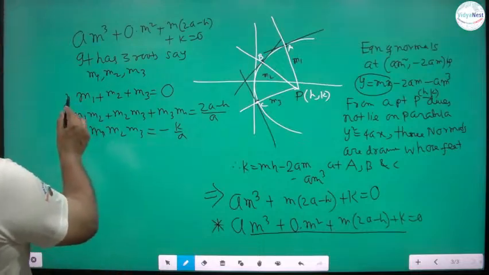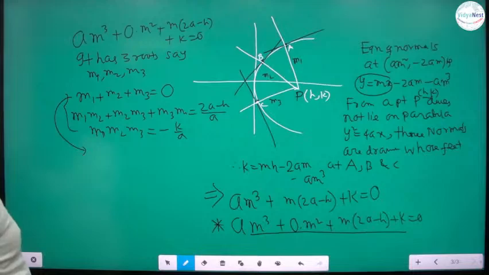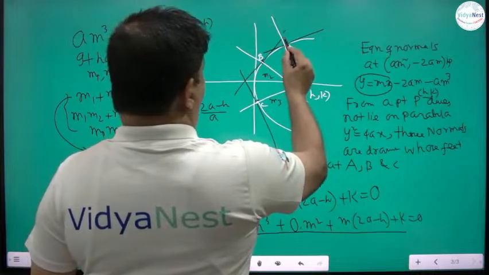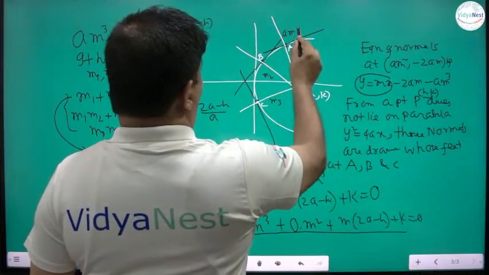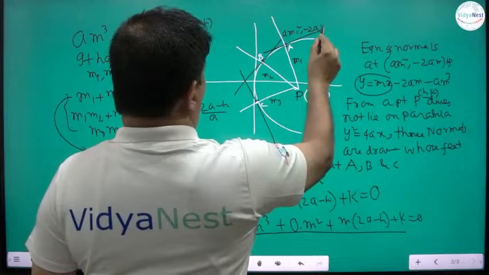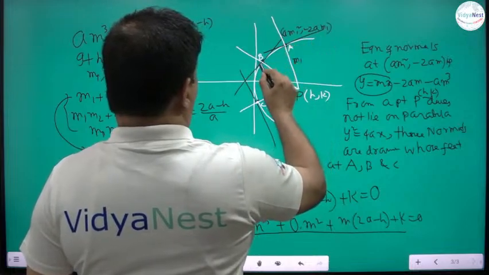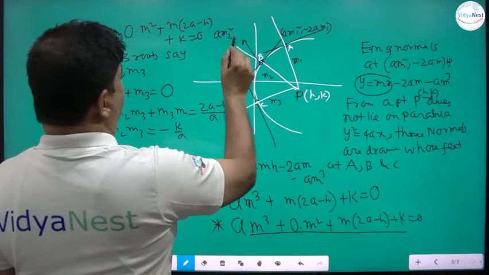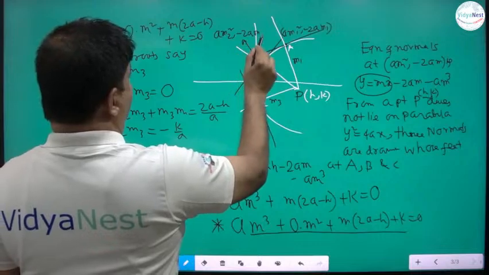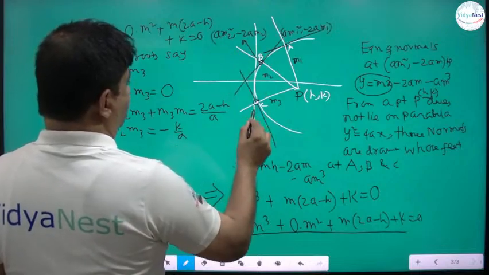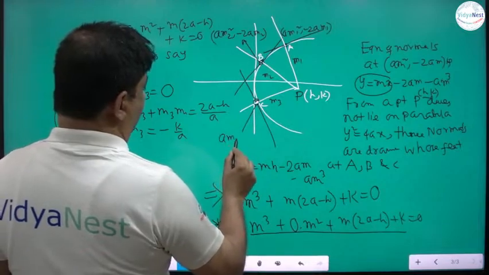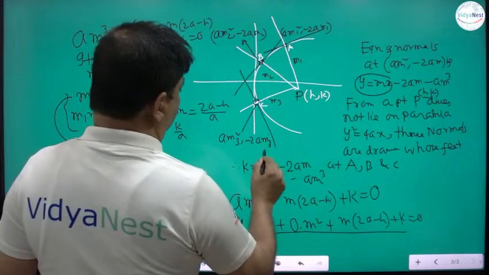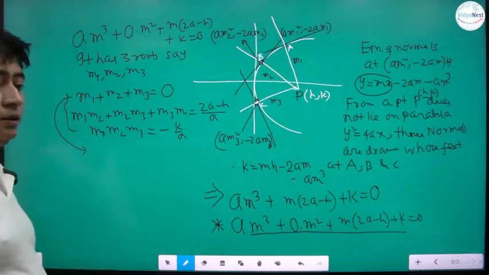Now from here, one conclusion I can draw. Suppose this point is (a m1 square, minus 2a m1), this point is (a m2 square, minus 2a m2), and this point is (a m3 square, minus 2a m3).